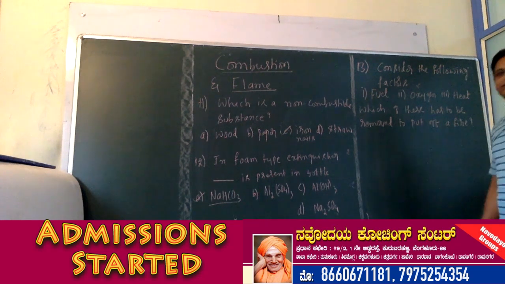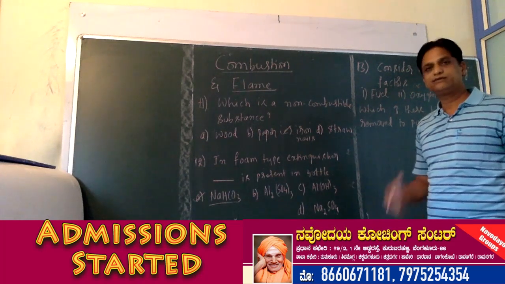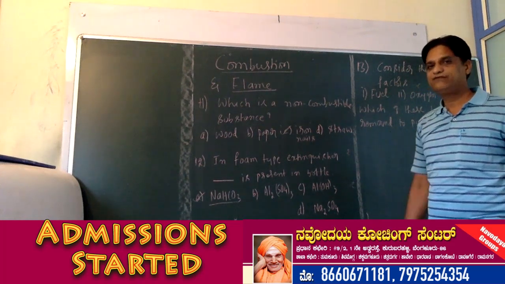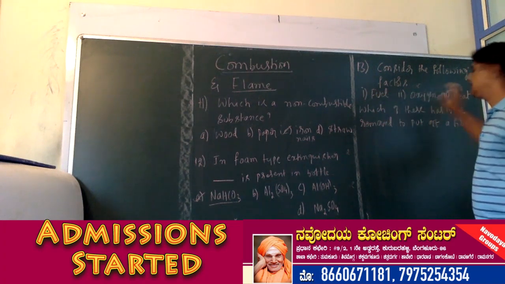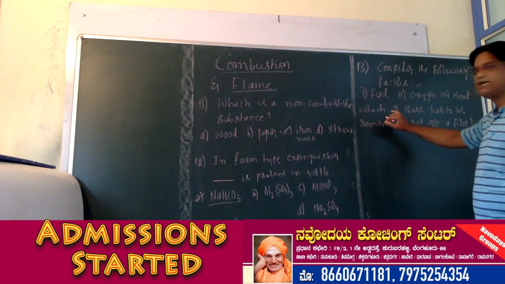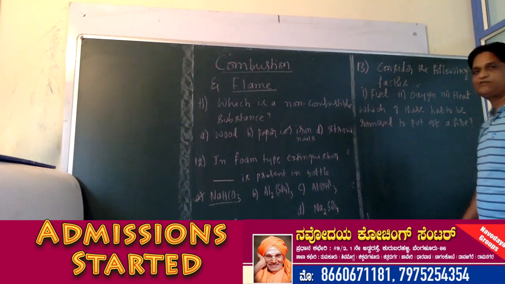That is why I said Olympiad questions are somewhat tough questions. Here they have given three factors: fuel, oxygen and heat. And what is the question asked here? Which of these has to be removed to put off fire?